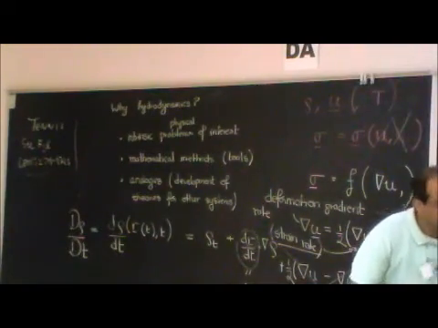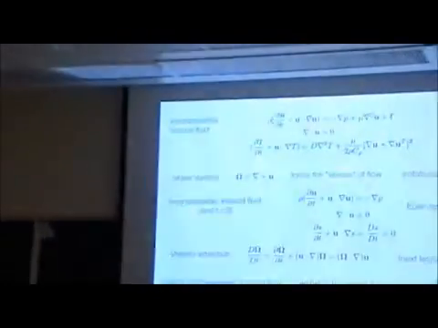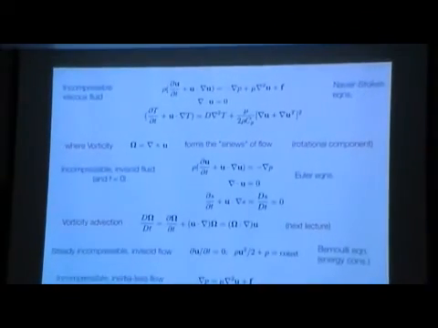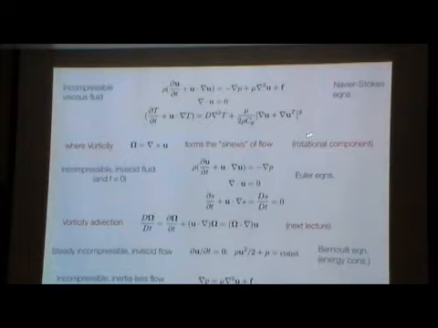I can tell you about the limit that we will now focus on: the incompressible viscous liquid, so divergence of U is equal to 0. I'll never really worry about the heat equation, even though I've written it down for completeness. This is what's called the Navier-Stokes equation, written by Navier and Stokes in about 1840 or so. I already introduced the vorticity, I'm using a different notation.